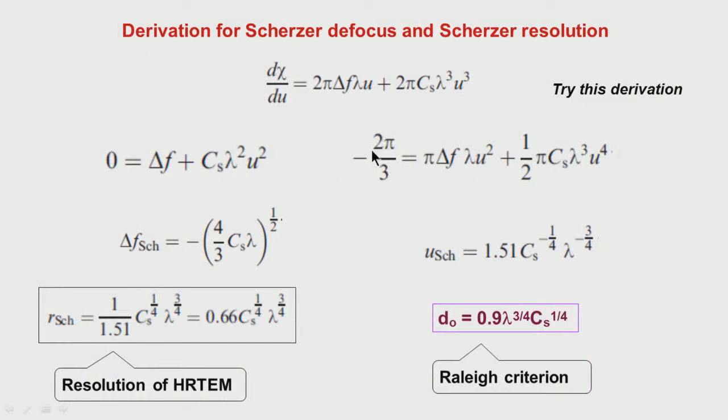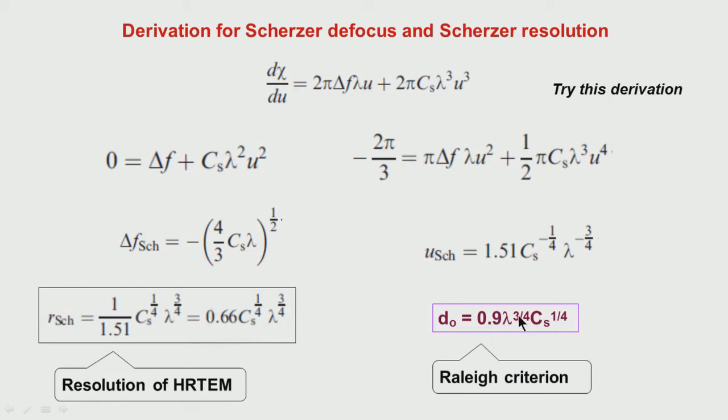Okay. That is what essentially is being taken here, and solving these two equations together, we get a value of delta f, which is called the Scherzer defocus, which is minus 4 by 3 Cs lambda to the power of half, and this gives rise to a value of delta k which we can find out using this value of f, and the inverse of that will give rise to a distance r, and this distance also is similar to the point to point resolution which we have used earlier in the Rayleigh criterion.